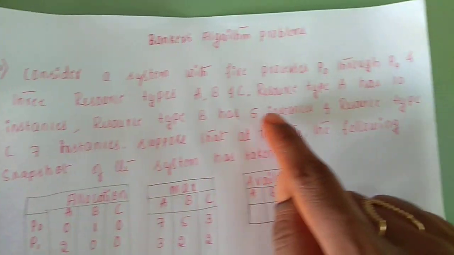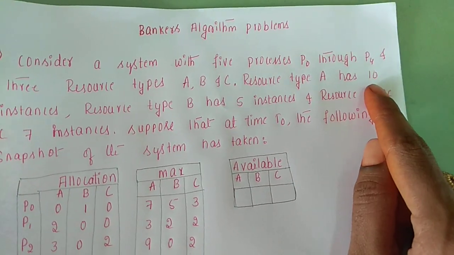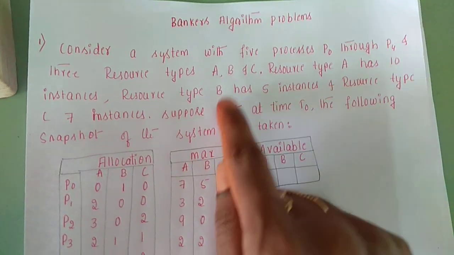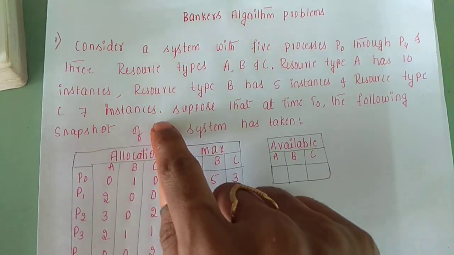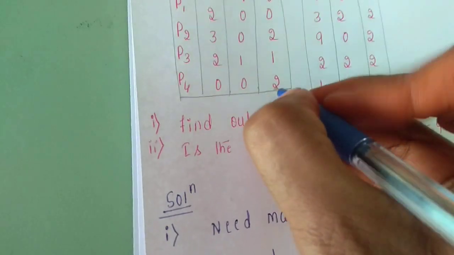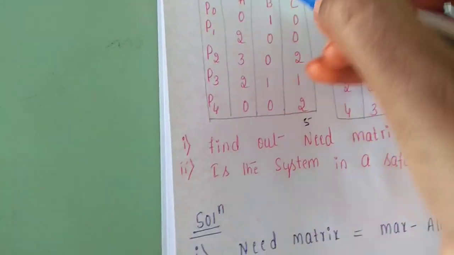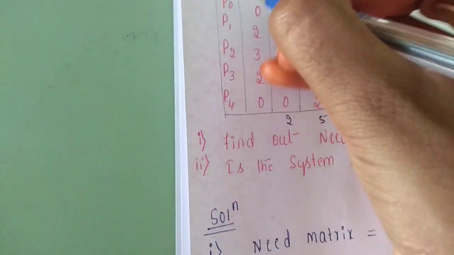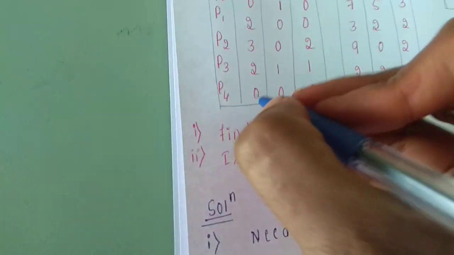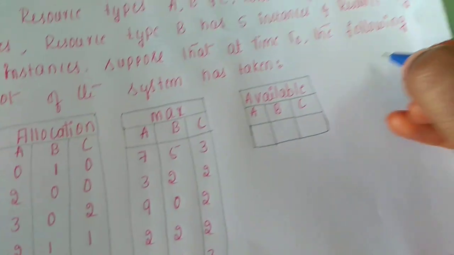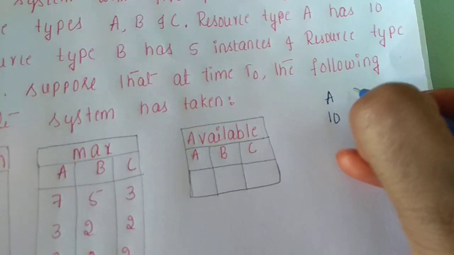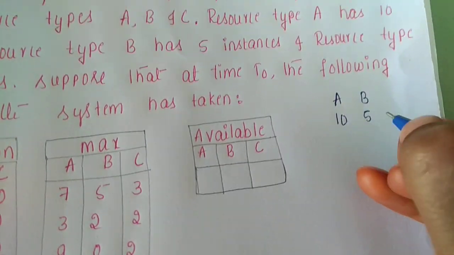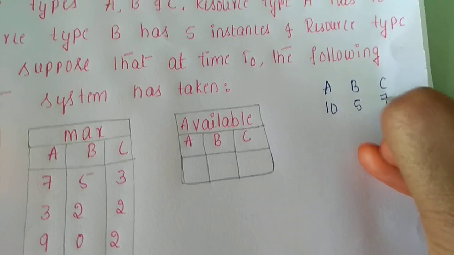Initially he has given resource A 10, resource B 5 and resource type C 7. You can actually calculate this. You add the allocation columns vertically: A is 7 2 5, B is 2, and C is 5, and he has given A 10, B 5, C 7.